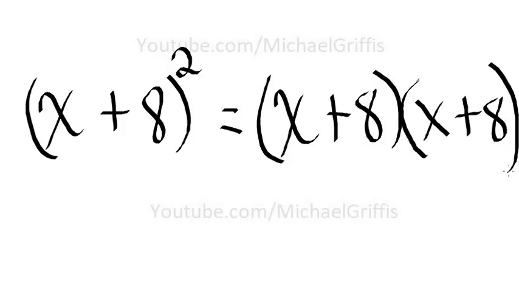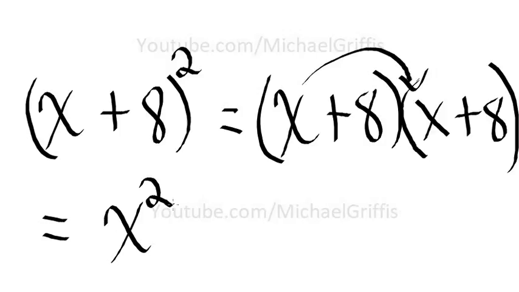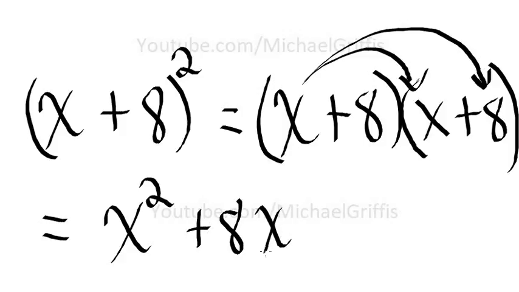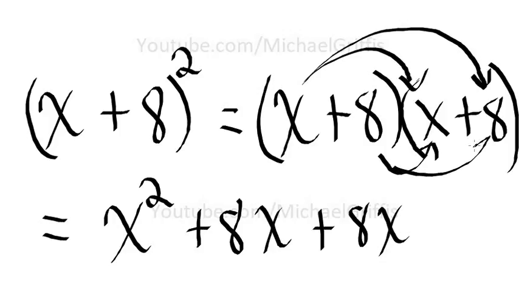Okay, that's expanding it. Now we can do our multiplication. Let's write an equal sign. X times x is x squared. X times 8 is 8x. 8 times x is also 8x. And 8 times 8 is 64.